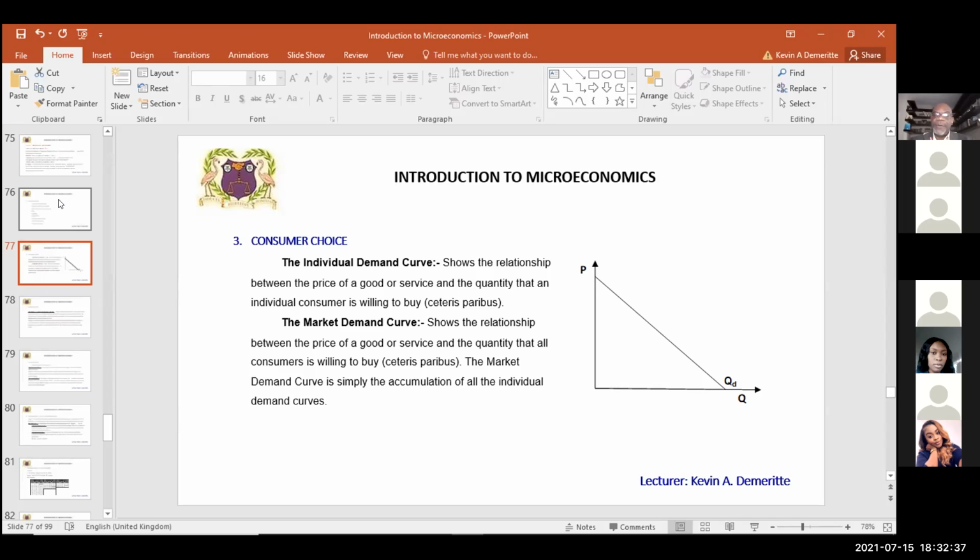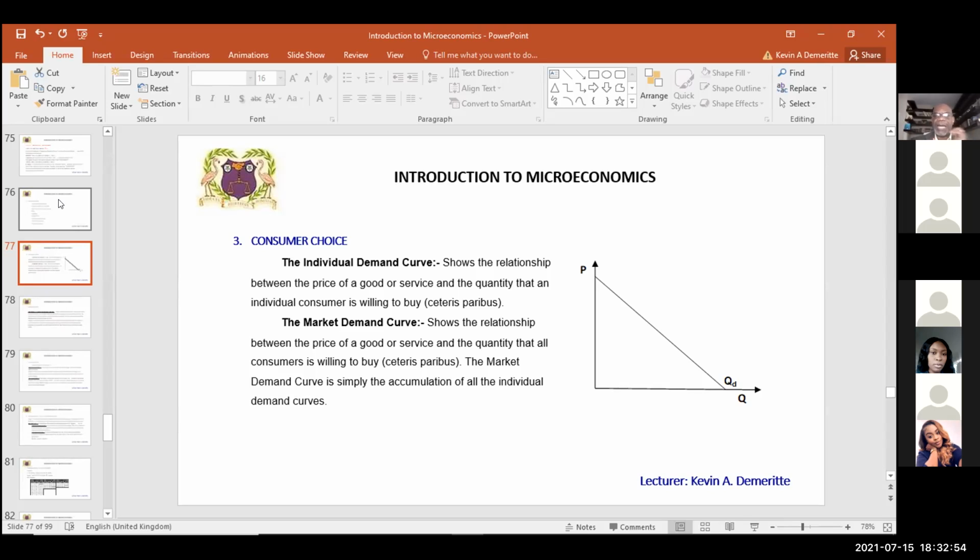So the market demand curve, the one that we are very familiar with, that we've done a lot of, certainly in all of our macro days, shows the relationship between the price of a good or service and the quantity that all customers, all consumers, are willing to buy.